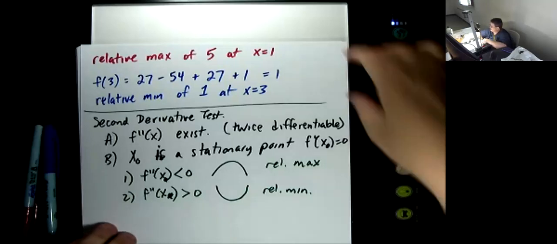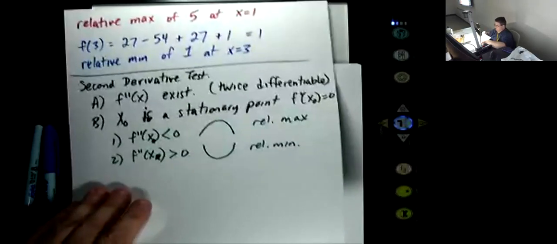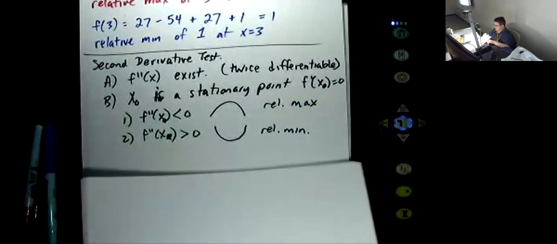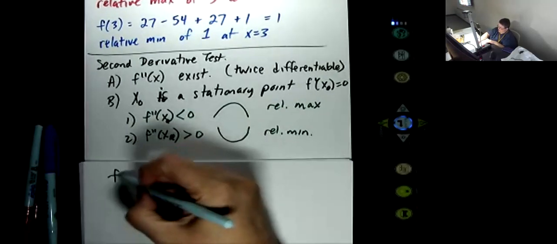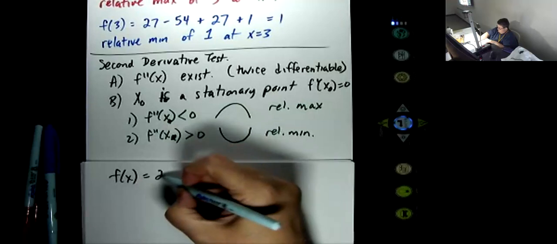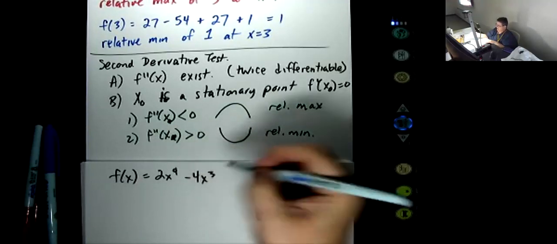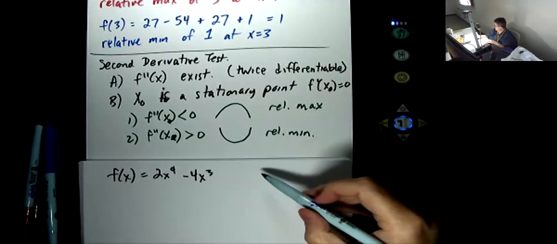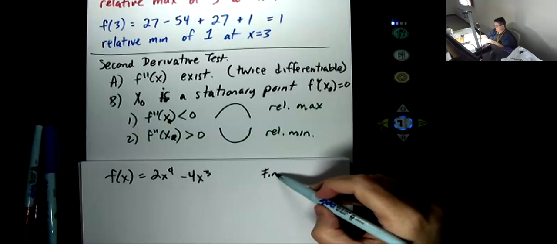So let's put these together. Let's use a problem. Let's say f of x equals 2x to the 4th minus 4x cubed, and we want to find the relative max and min.